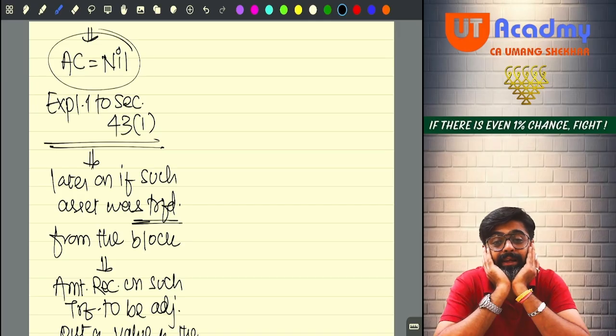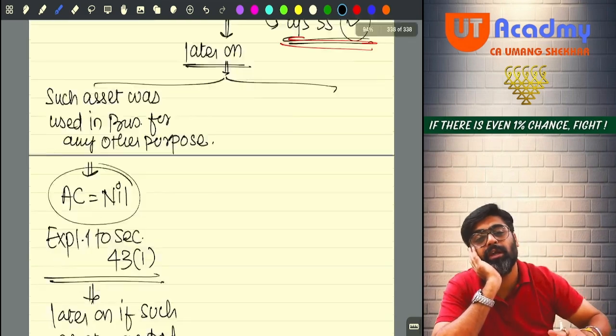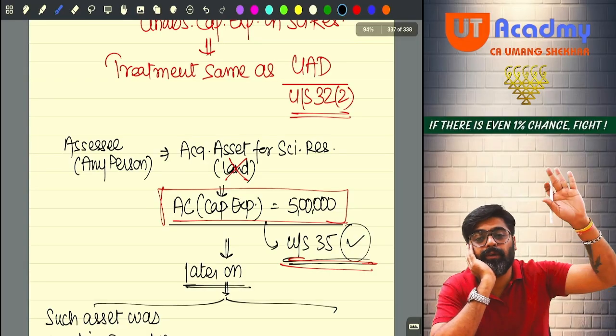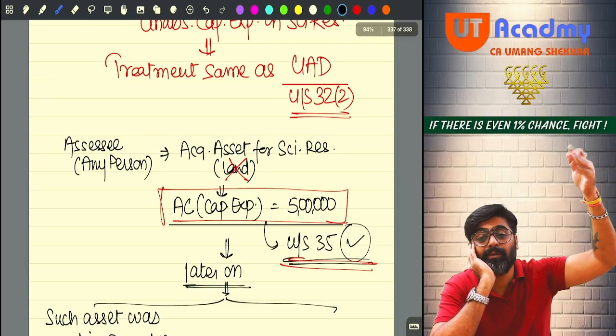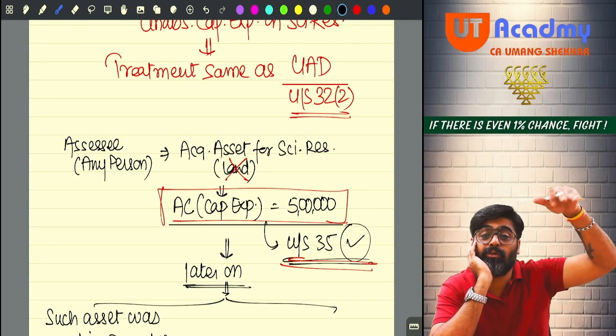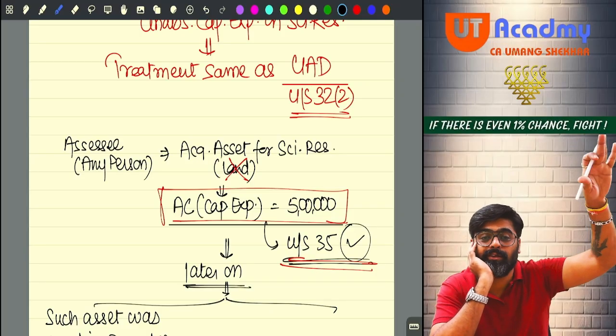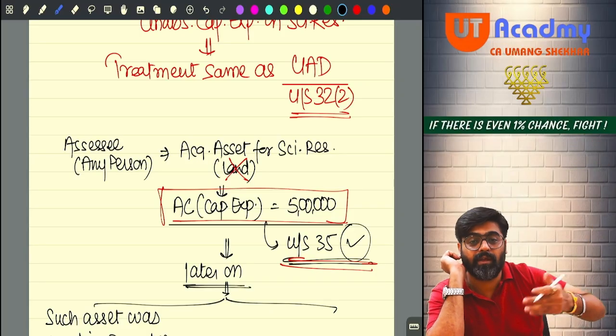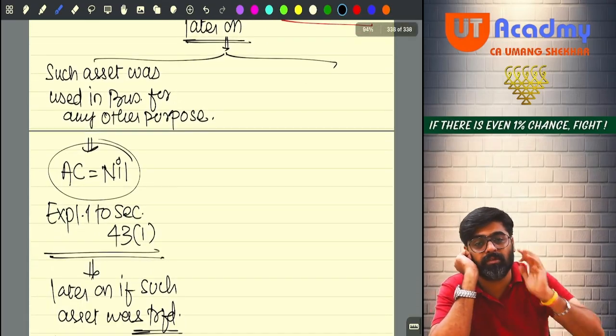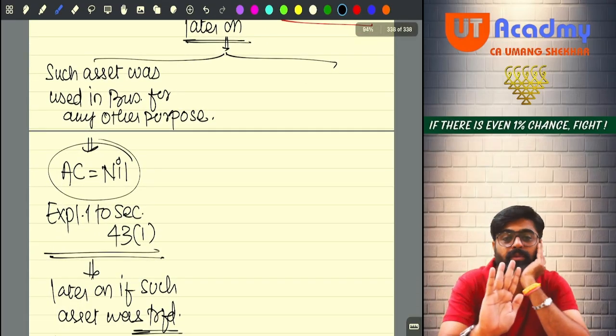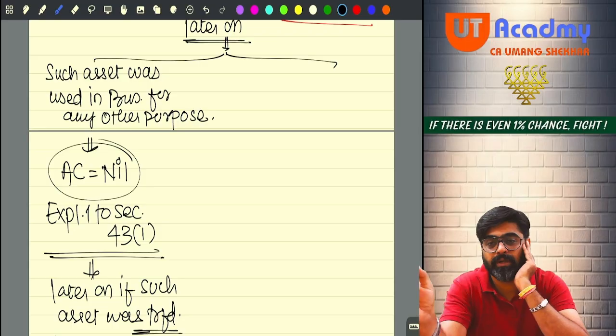So it will be added to the block at what rate? Nil rate. Because its entire amount is already claimed as a deduction in 22-23 only under the PGBP head under section 35. It was already allowed in 22-23. Now in 24-25, it is being brought into the normal business by Rajesh. So in the normal business, its actual cost will be taken as nil.